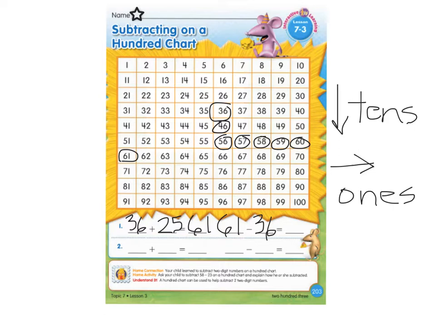If I start at 61, and there's 36 right there, I can count the difference by going 1, 2, that's 10, 20, 21, 22, 23, 24, 25. So that would equal 25.